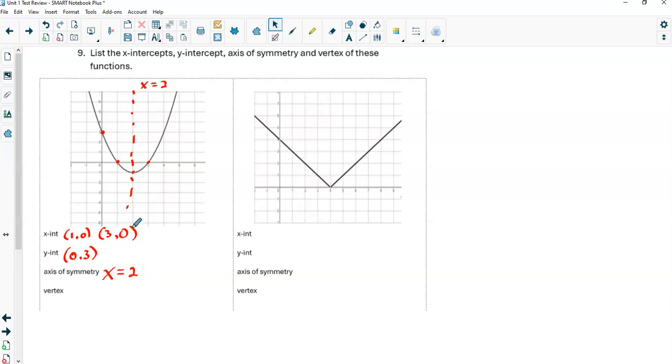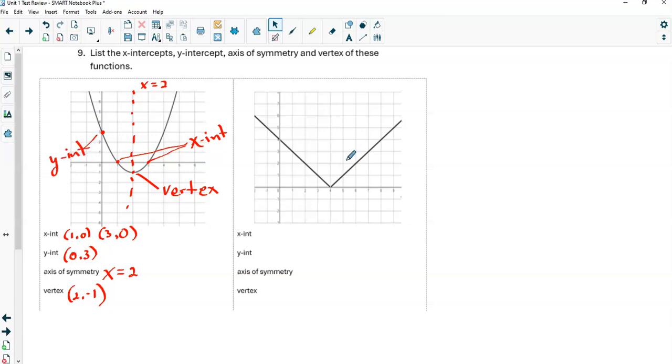The vertex is at 2, -1. Okay, so that's the vertex. These are the x-intercepts. And that is the y-intercept.